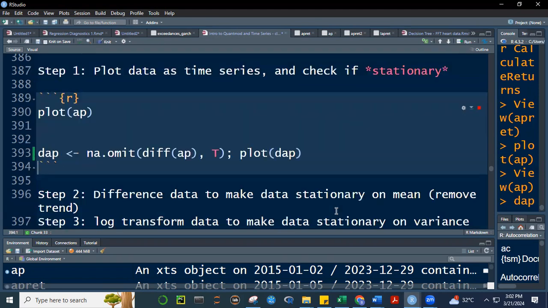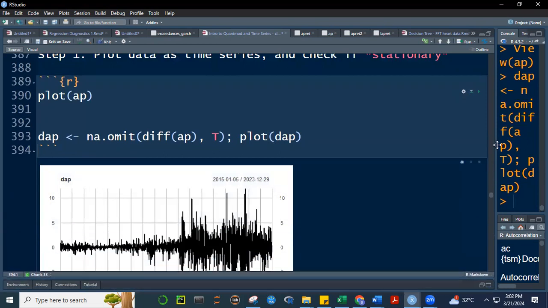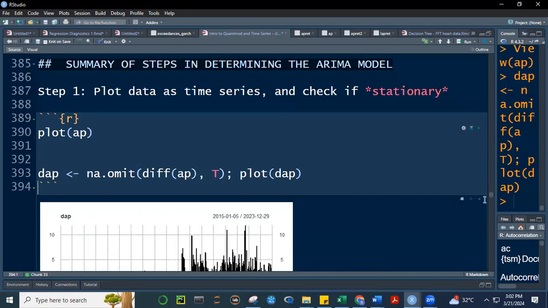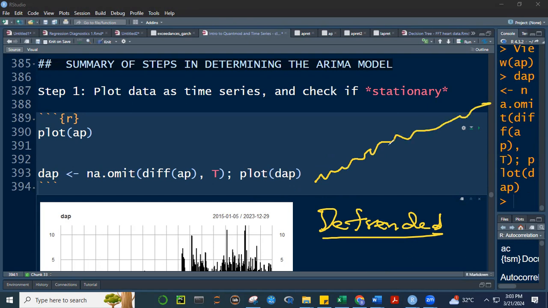If I run this, you notice that with first differencing, I was able to cure the non-constancy in mean. It removed the trend. So now you have a detrended time series, where we removed the trend because originally our AP was behaving that way.